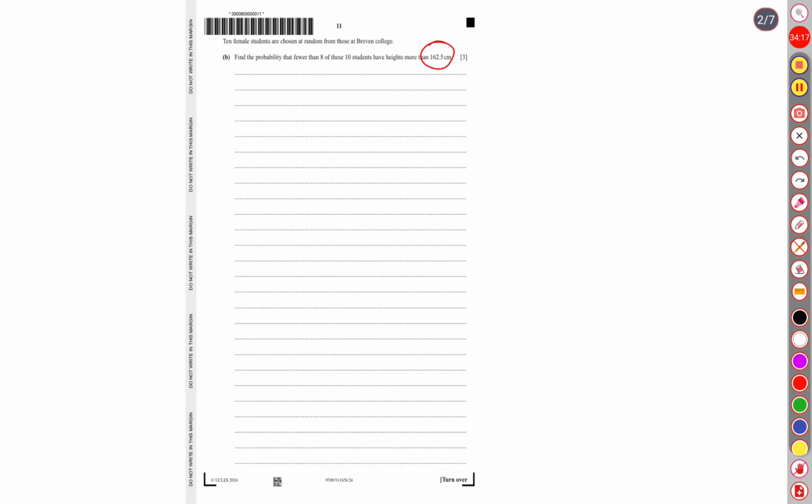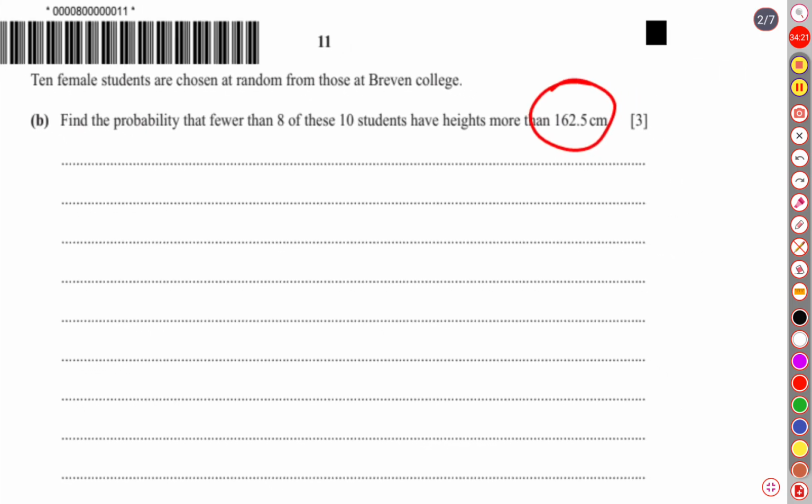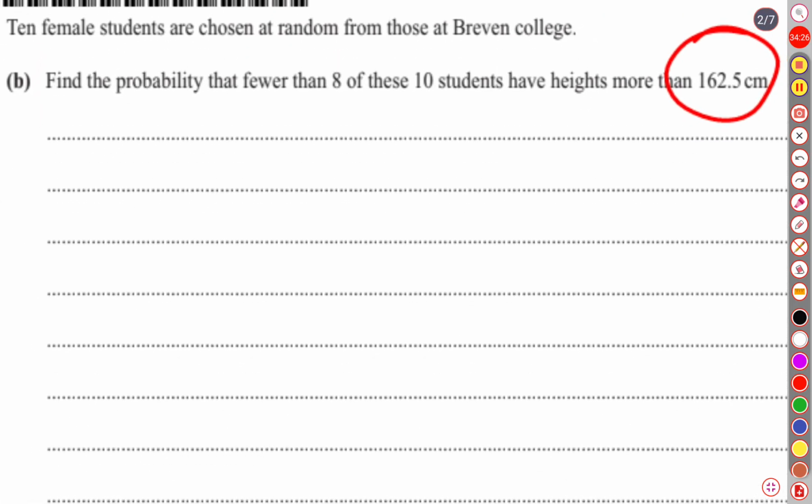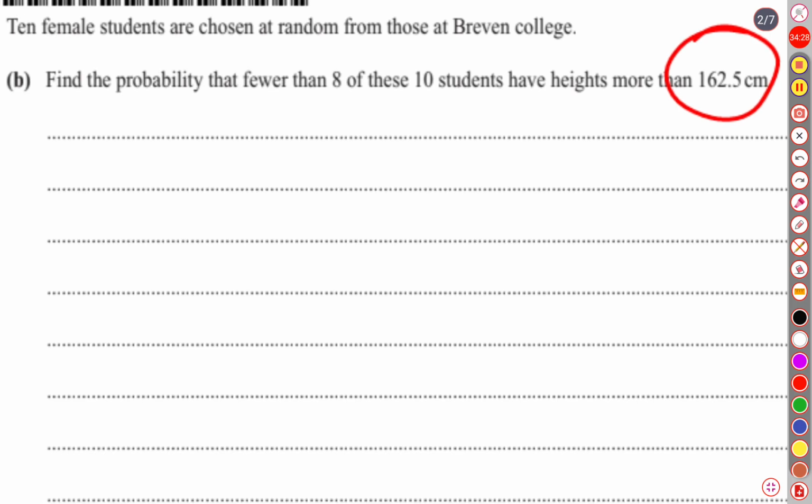Then we will decide the concept. What concept are we going to apply in this case? Look at this, the total number of experiments is given. The total number of students is 10. The total number of experiments has been given and the probability is also given. Probability p is, as we have already seen, 0.60.